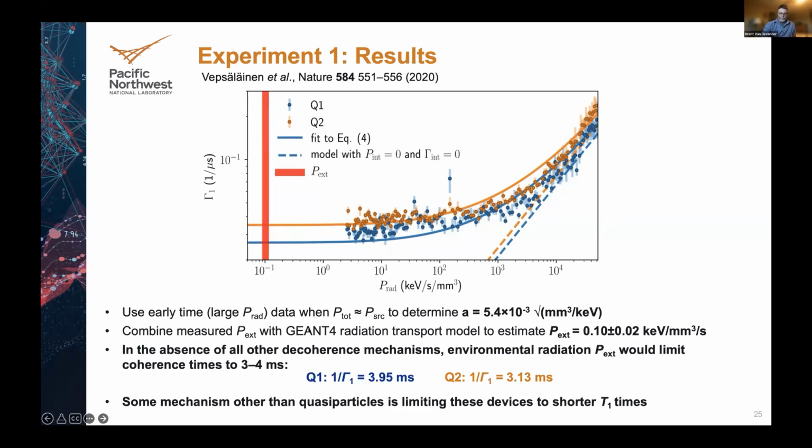We find that if you solved all the other sources of decoherence and didn't do anything special to control the radiation, you're going to be limited to 3 to 4 milliseconds of coherence time. That's still orders of magnitude too short. Now, by the way, in these devices, the actual coherence times were more on the scale of 100 microseconds, and so some other mechanism is actually limiting the qubits more than the quasi-particles.